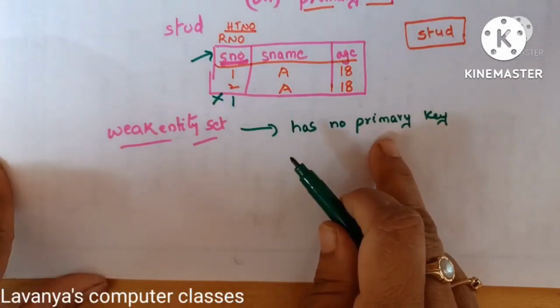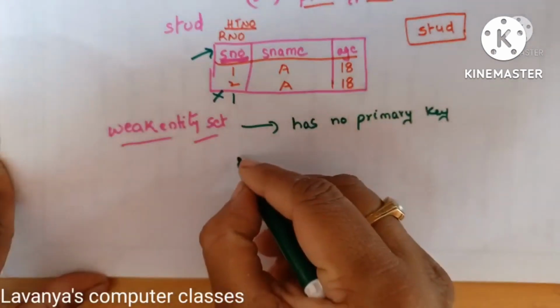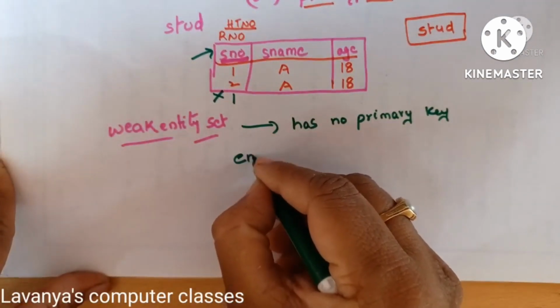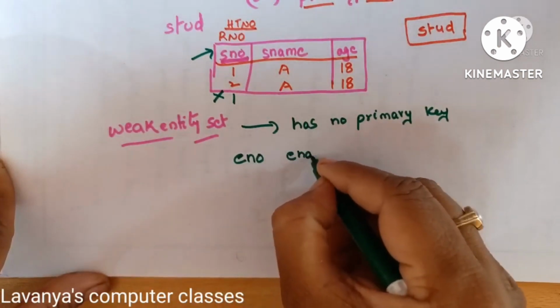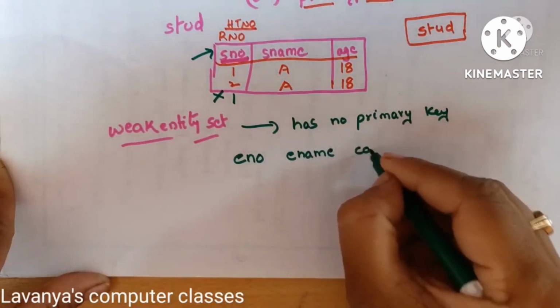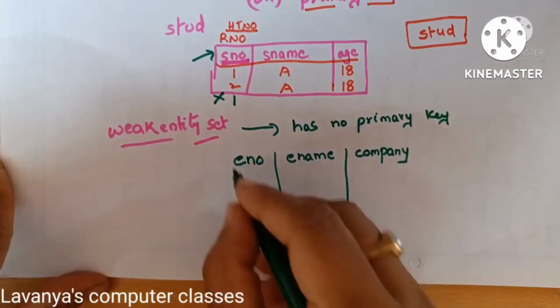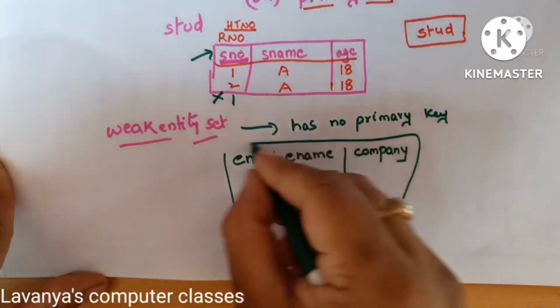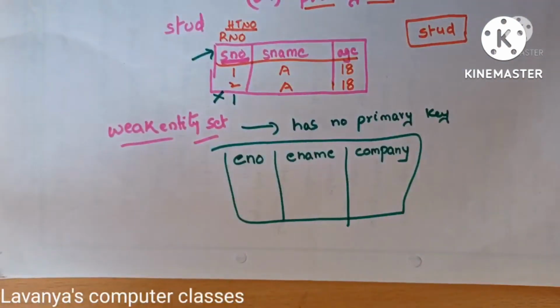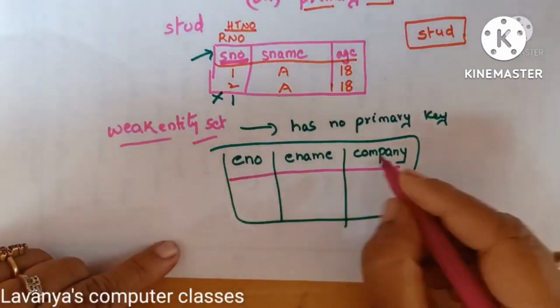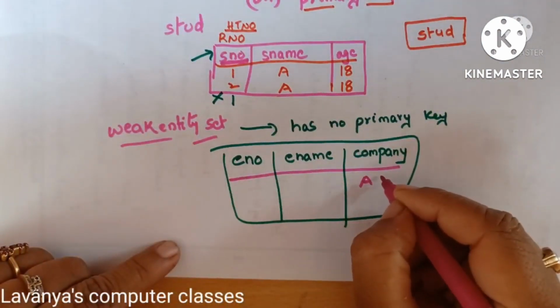Weak entity set means it has no primary key. For example, here we are taking employee number, employee name, and company name where he is working. So this is the table or entity set, whatever it is. In this, two employees work at companies.